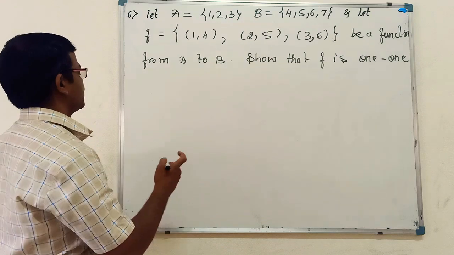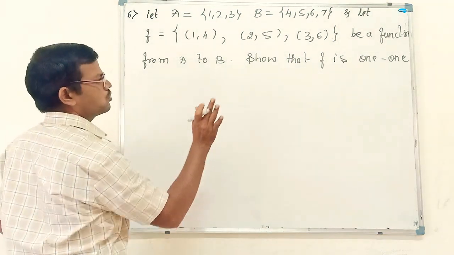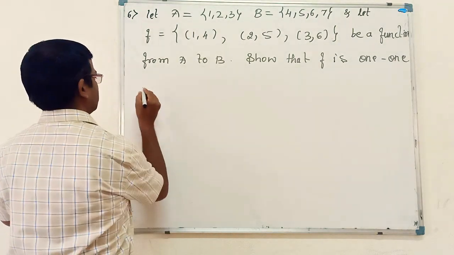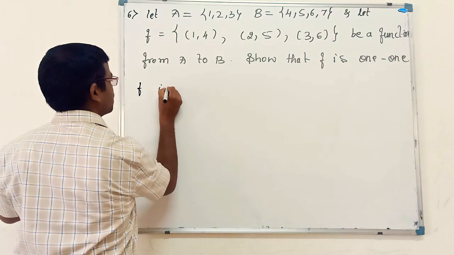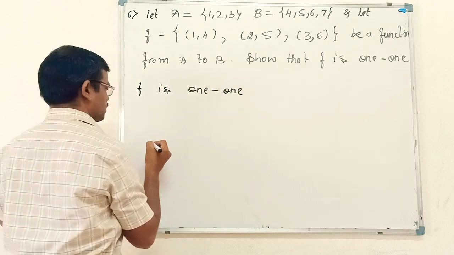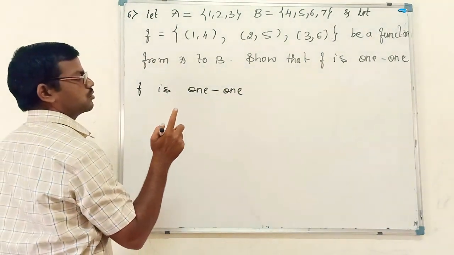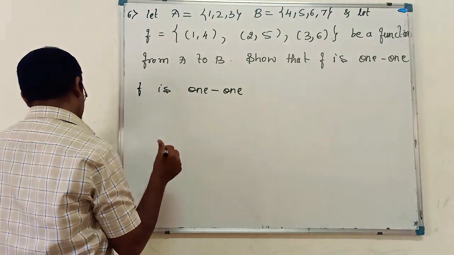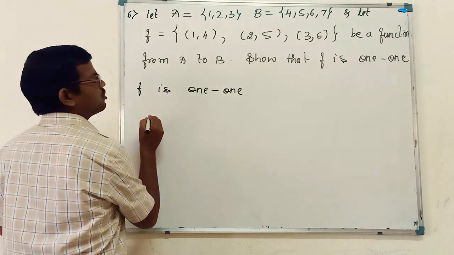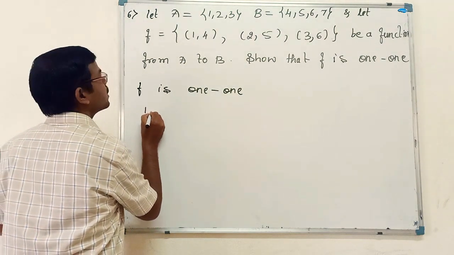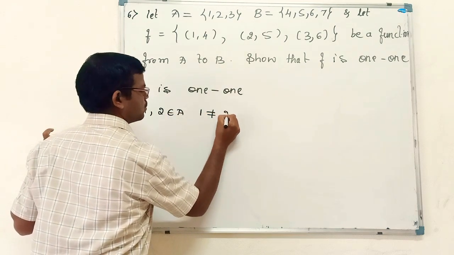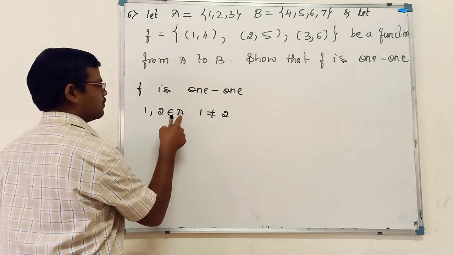Why? First, we only have to show 1-1, not onto. They have asked only for 1-1. So 1-1 means different elements should have different images. Let me consider 1 comma 2 belonging to A, and 1 is not equal to 2. These are different elements of the domain.